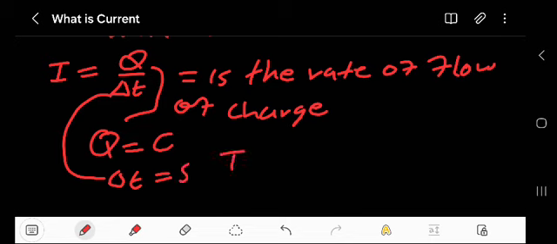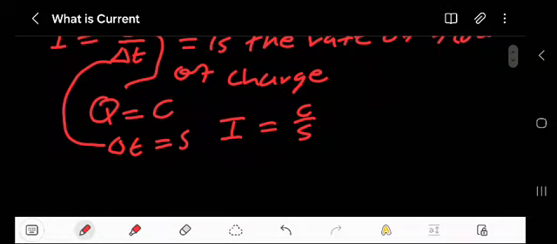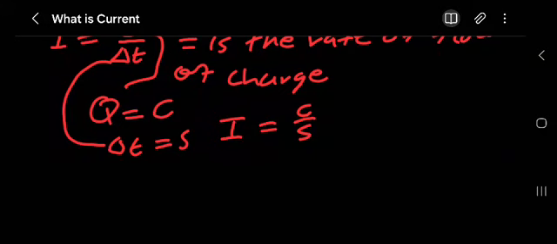So that means I is equal to coulombs per second, the amount of charge flowing through a certain point per second. This is measured in coulombs per second.